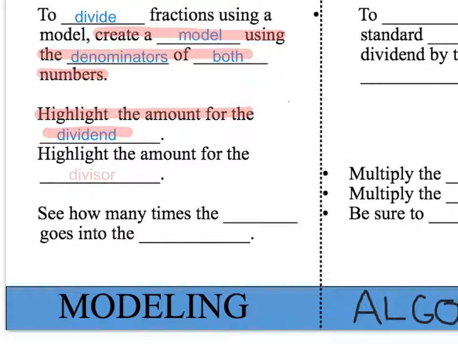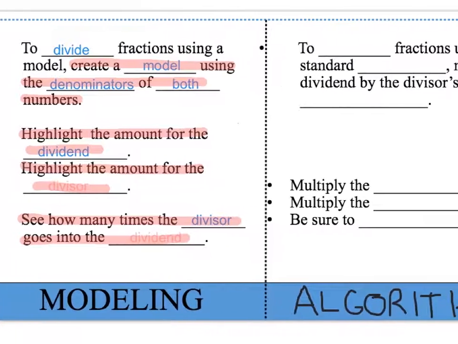Then you're going to highlight the amount for the divisor. And then finally, let's see how many times the divisor goes into the dividend. Okay, so that's for modeling.